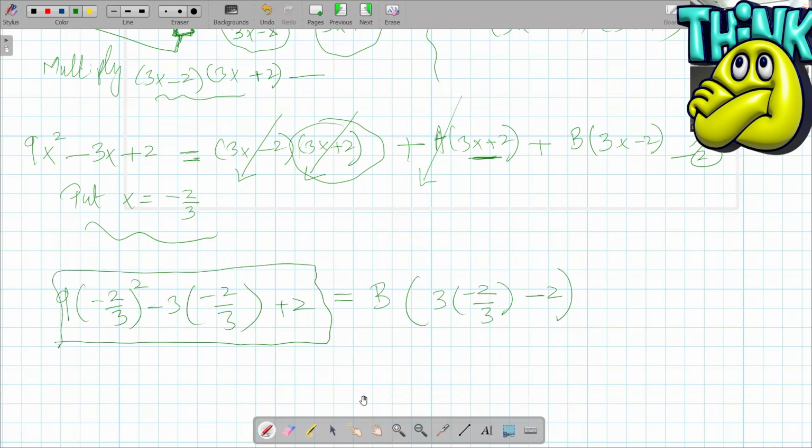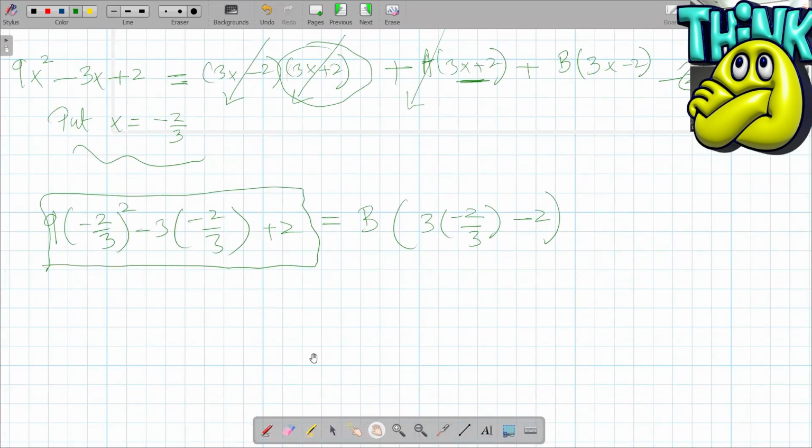The first part is -4 minus, hang on, -3. Okay, so the left hand side is -4 altogether.